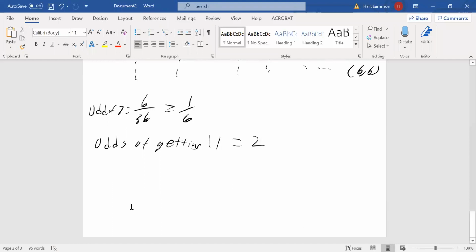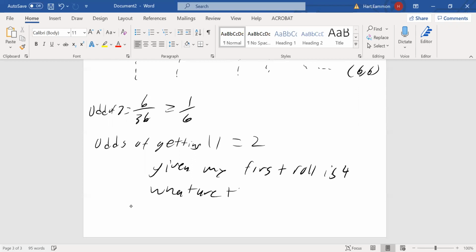There are other things that you can do with dice. So you can say something like, given that I have a 4 for the first die, my first roll is 4, what are the odds the sum of the two rolls is more than 8?